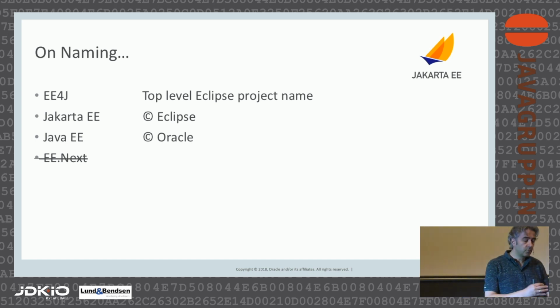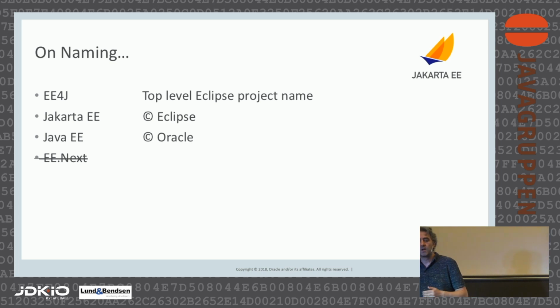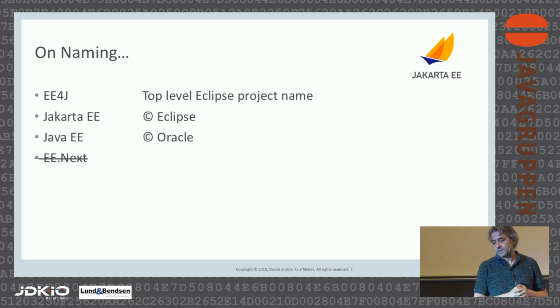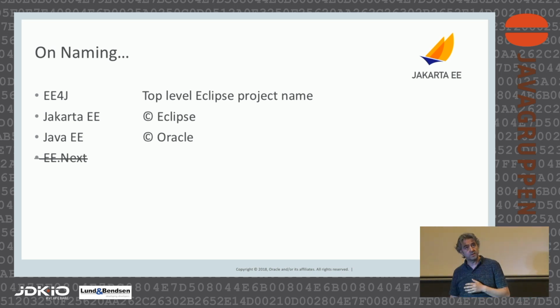But clearly, the evolution of Java EE will happen under Jakarta EE. So moving forward, all the evolution and all the new releases will be branded Jakarta EE and not Java EE anymore. So Jakarta EE is the brand, and it's owned by the Eclipse Foundation. And then you might have noticed, if you have been following closely the discussion around Jakarta EE, that at some point in time we also used EE.next.